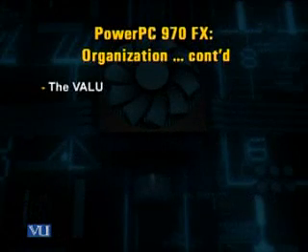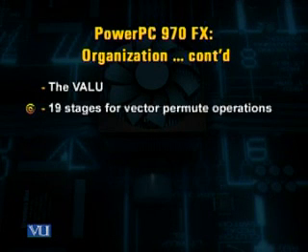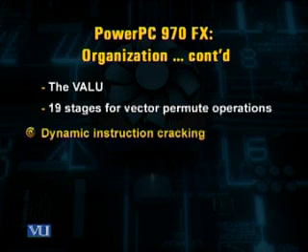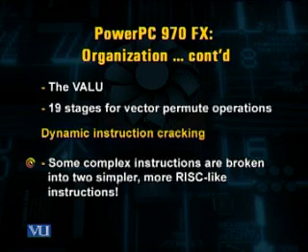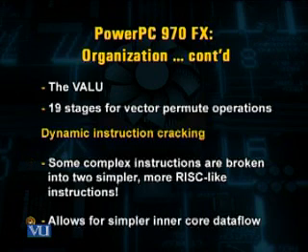Here the VALU and 19 stages for vector permute operations are available. Furthermore, it allows dynamic instruction cracking for some complex instructions which are broken into two simpler or more RISC-like instructions, and it also allows simple inner core data flow.